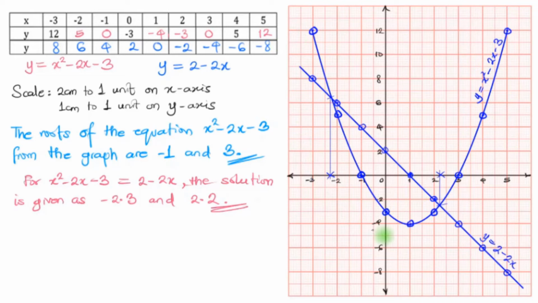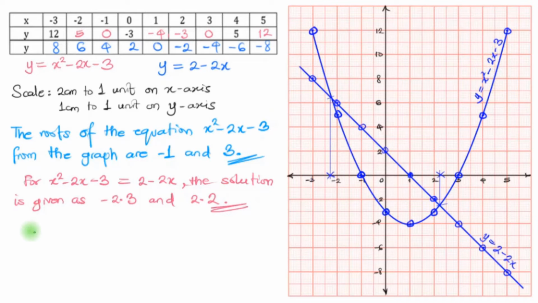Okay, and then finally we are asked to find the minimum value for the quadratic equation. Looking at this graph, look at the highest value we have for the graph within the range of values from x is minus 3 to x is 5. You can see that the maximum value is 12 when x is minus 3 and when x is 5, and the minimum value is actually here. It is here, and that is minus 4. That's the point at which the quadratic graph actually makes a turn and starts increasing in value again.